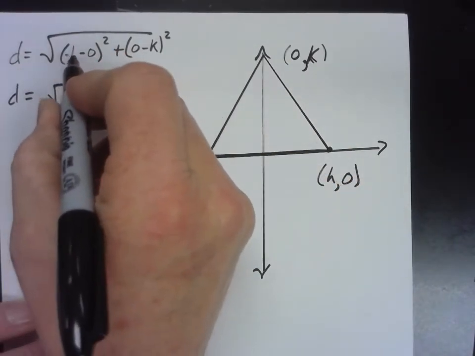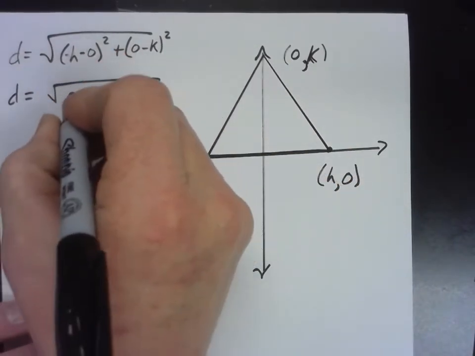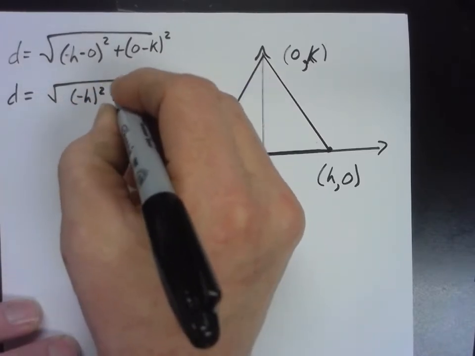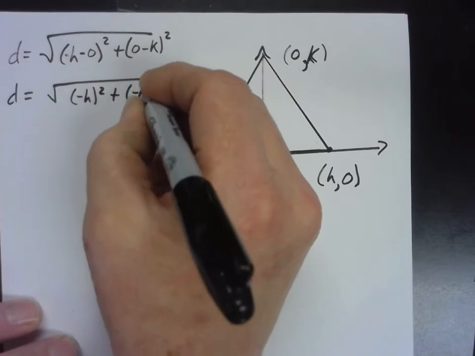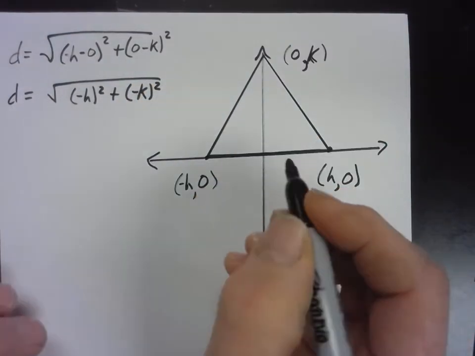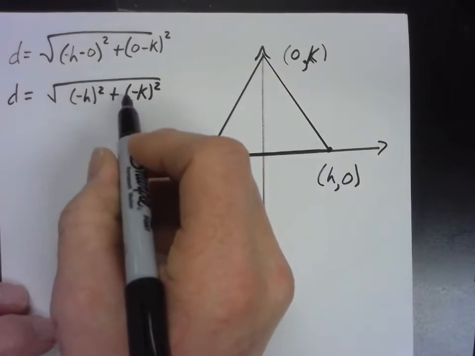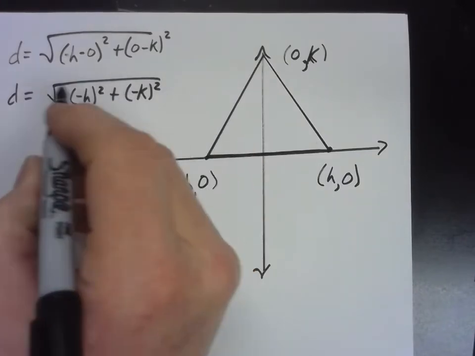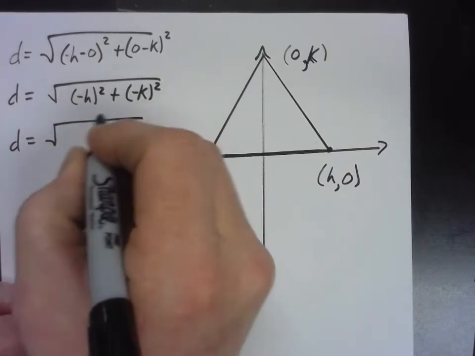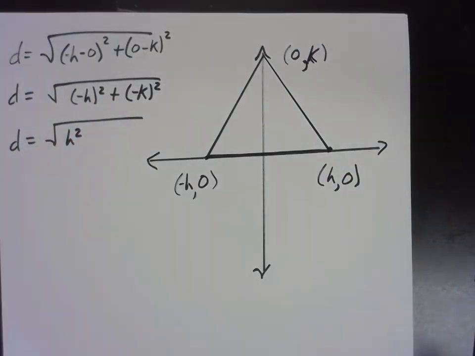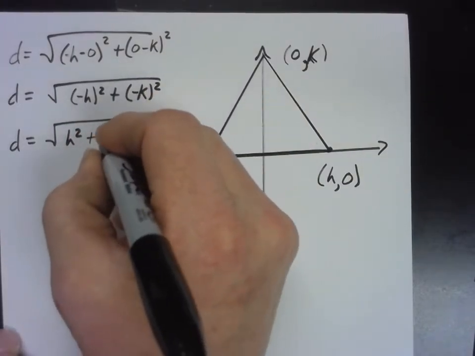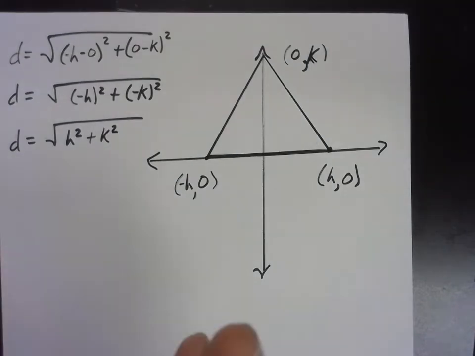The opposite of h, subtract 0, is simply the opposite of h, squared. And then 0 subtract k is the opposite of k, squared. And then what happens when you square them? Okay, so the opposite of h squared and h squared, is there any difference? No, it's the same thing. And the opposite of k squared and k squared, they're the same thing, aren't they?